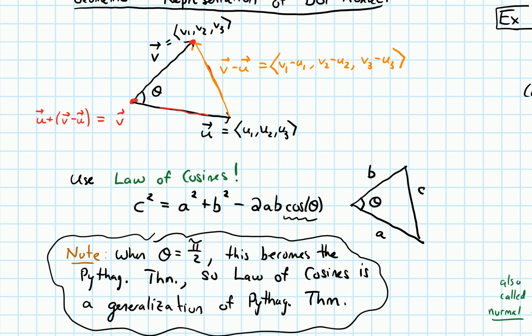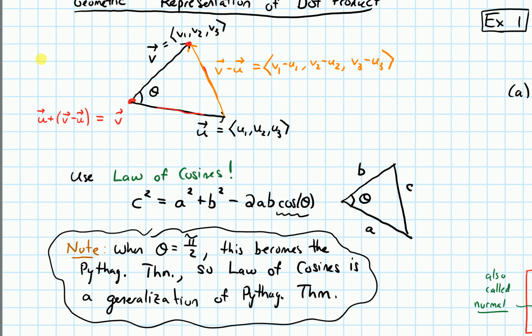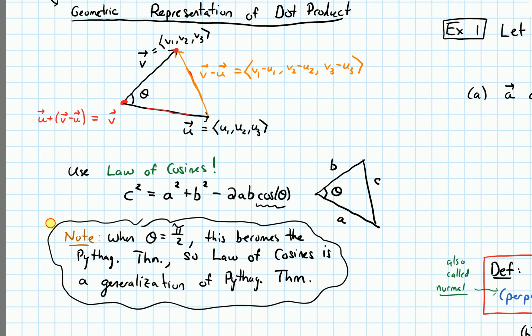So the law of cosines is a generalization of the Pythagorean theorem that applies to any triangle, so not just a right-angled triangle. Okay, so what happens if we use the law of cosines on our vectors here?